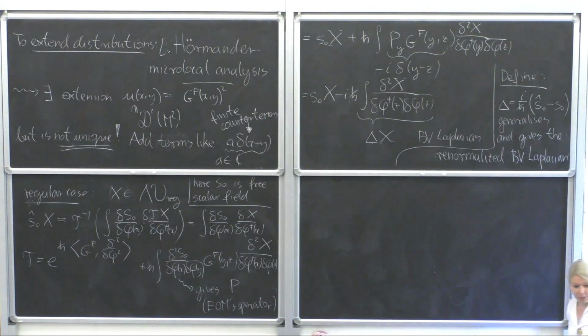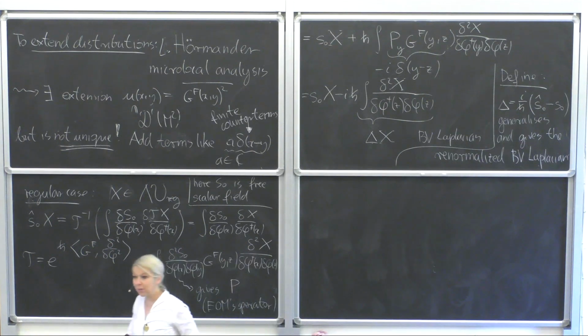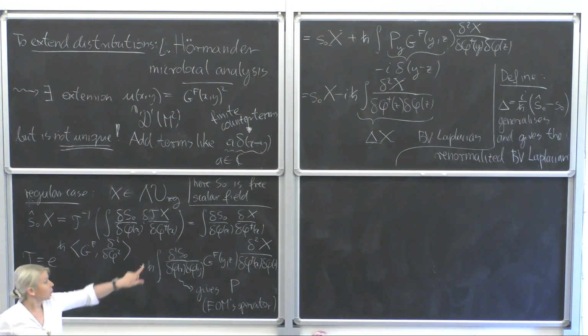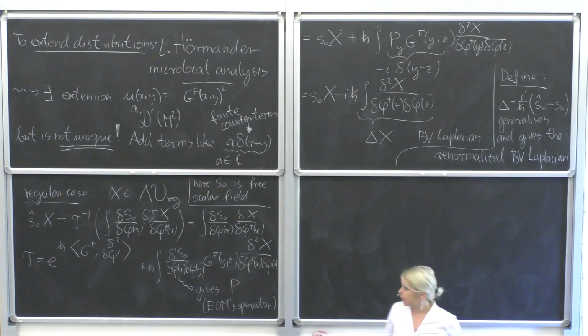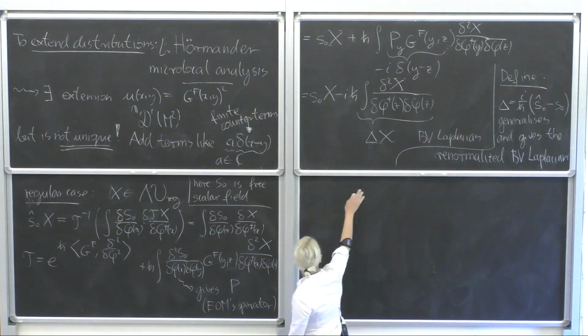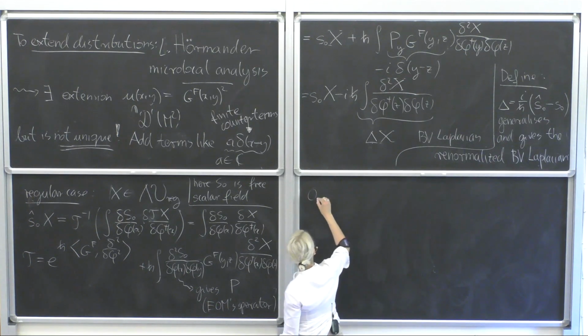So yeah, I'm going to play with these formulas a bit. Now there is a compatibility condition, it turns out, conveniently, between the S matrix and this quantum BV operator. So here, observation.